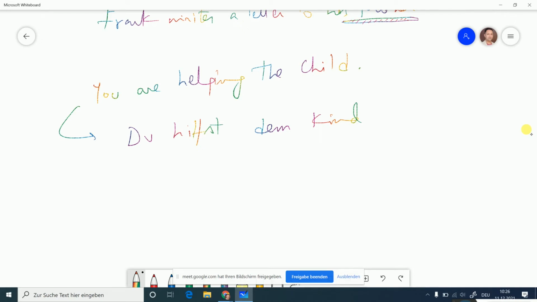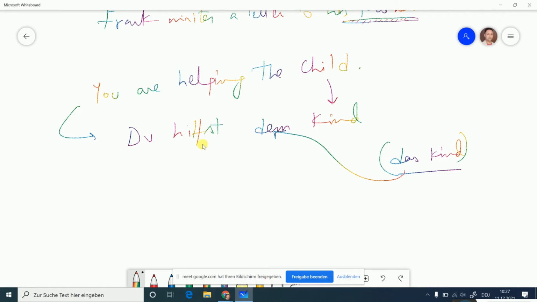I want to focus on why I have used dem. The gender of Kind is das Kind. That is the nominative gender, the original gender of Kind. Kind means child. So here, du hilfst dem Kind. Why? Because das is converted to dem, because this is in dative case.